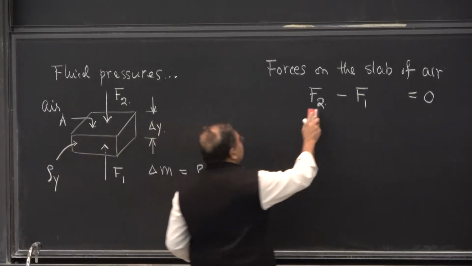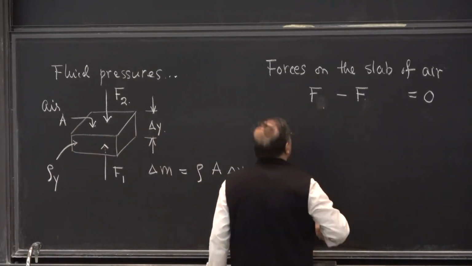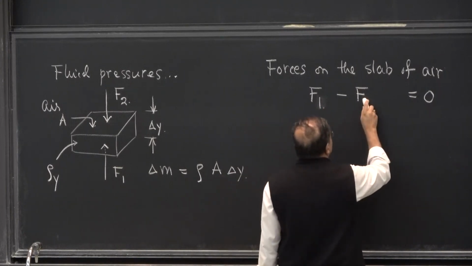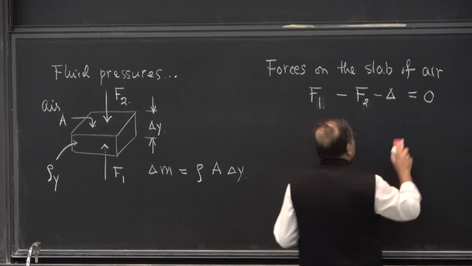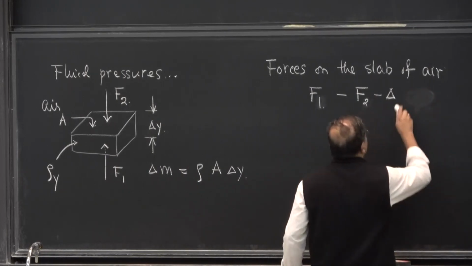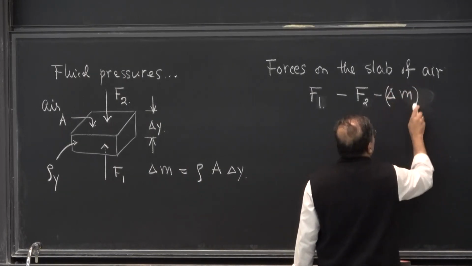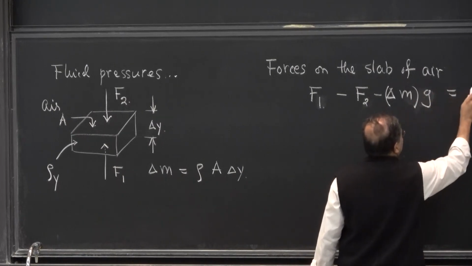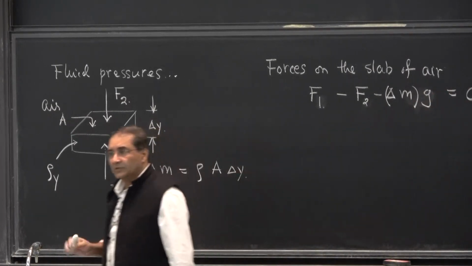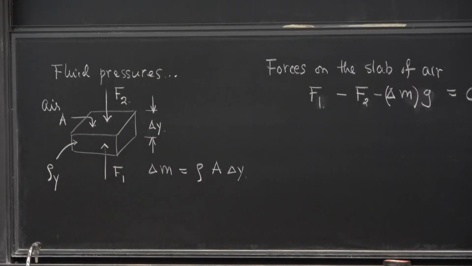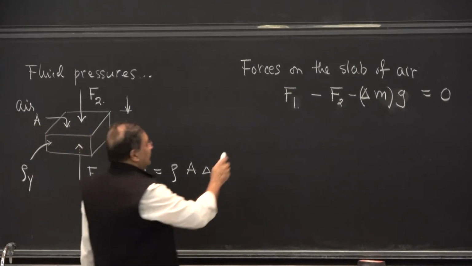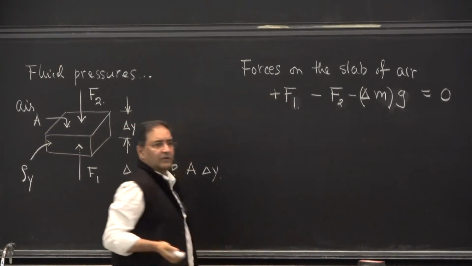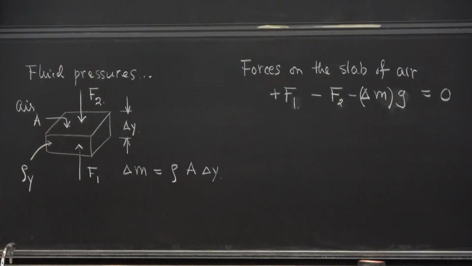So let me just rewrite it as F1 minus F2 minus delta M, which is the mass which I just computed, times g, is equal to 0 because it's in equilibrium. These are all the forces involved. As you can see, F1 goes upward. So F1 is therefore at the plus sign, just the way you have done before in constructing force equations.